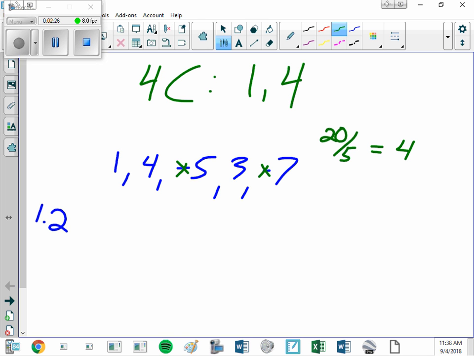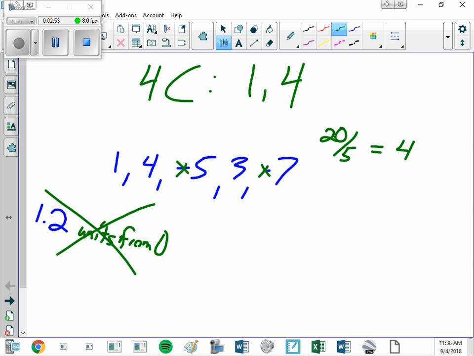Is that a better representation than the 1.2? The 1.2 says on average they are 1.2 units from 0. Yeah. This number is way off. There's only one number that's actually closer than 1.2. Does everybody see that?